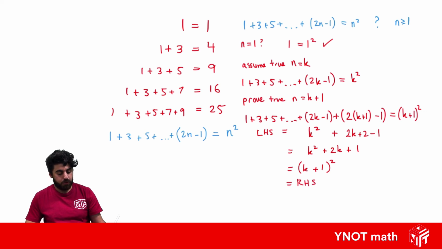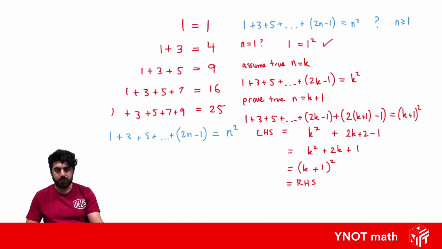And why is that important? Well, it's important because we assumed it's true for n equals k, and we showed that it's also true for n equals k plus 1. And we've already proven it true for n equals 1. And looking at this assumption, if it's true for n equals 1, it must be true for n equals 2.